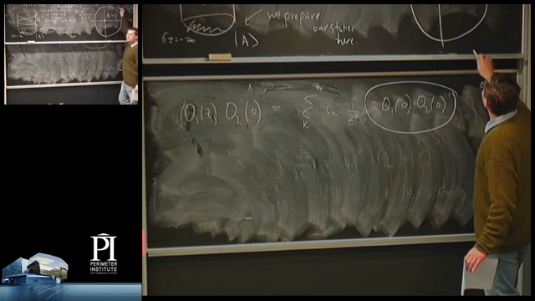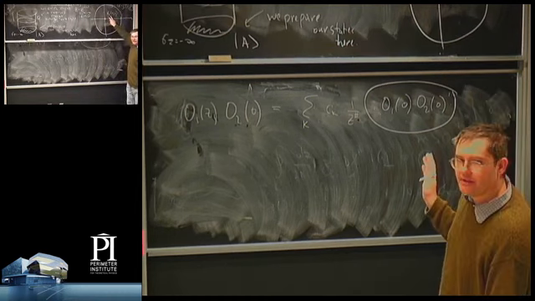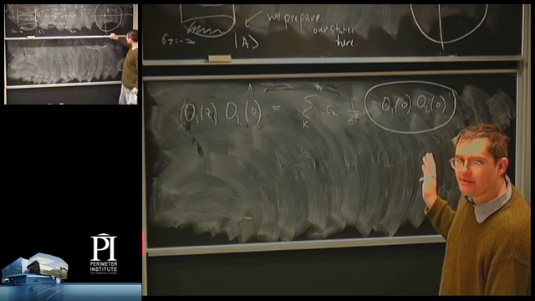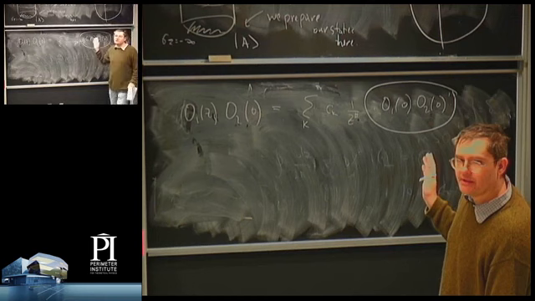At the end of the day, Q acting on A(0) must be some normal ordered product of local operators situated at the origin. Is it clear what I just said?